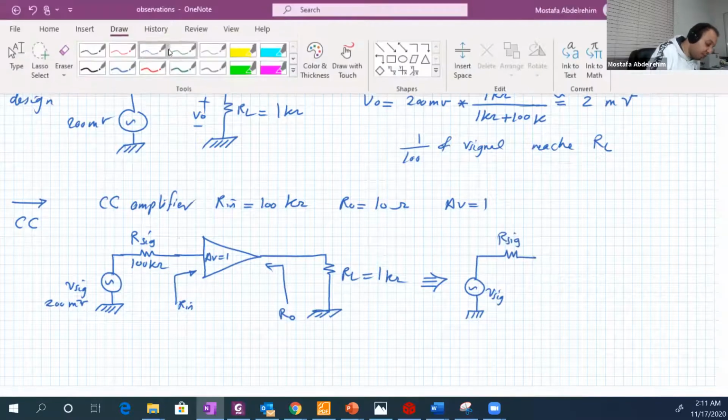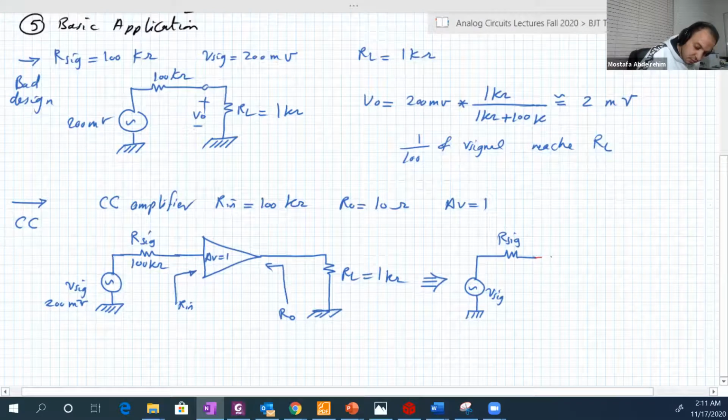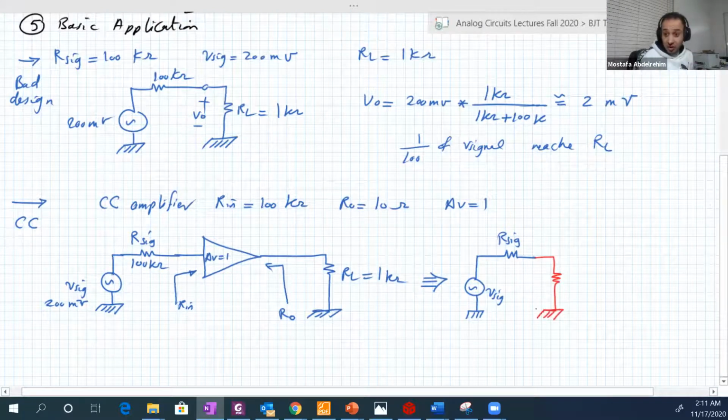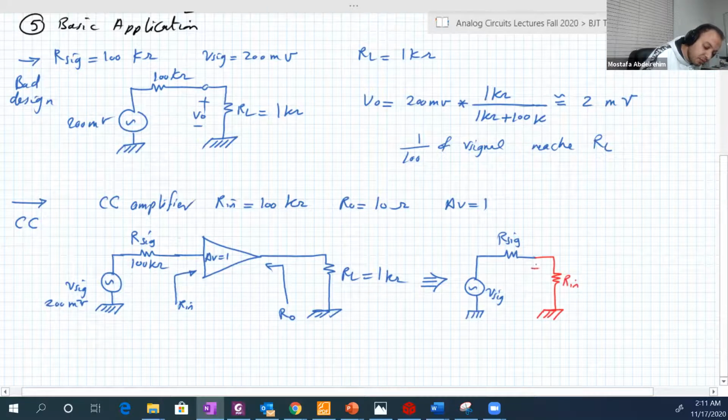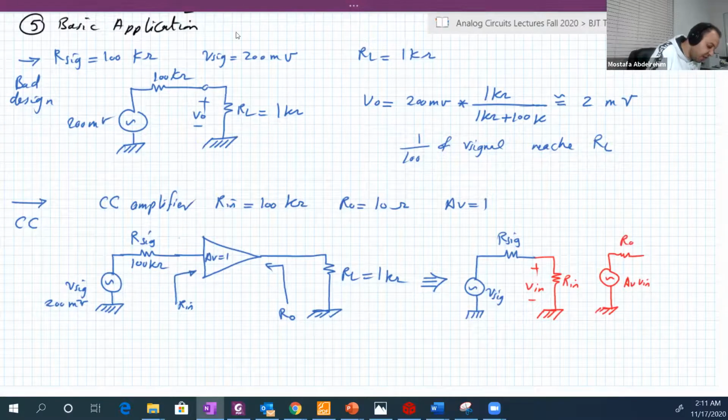And I will draw the amplifier model in red just to differentiate it. So here is the input, and towards the output, we have our RO, AV V input. Here is our O. Then we have the load.